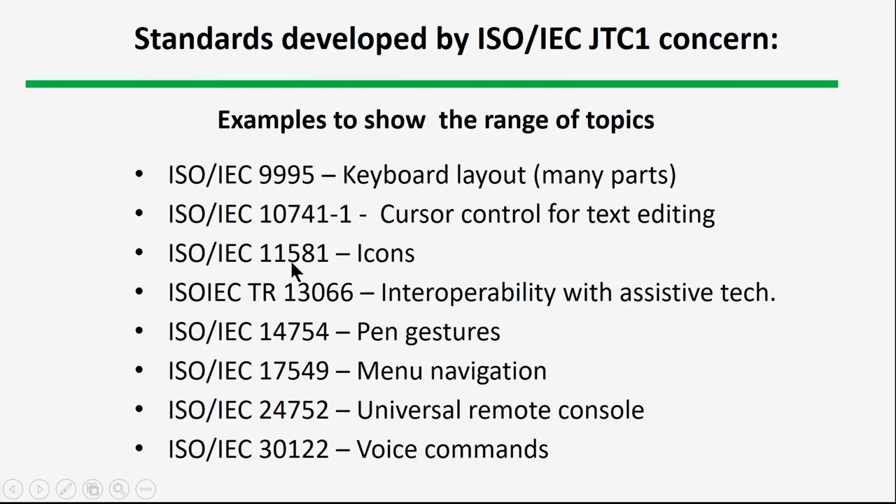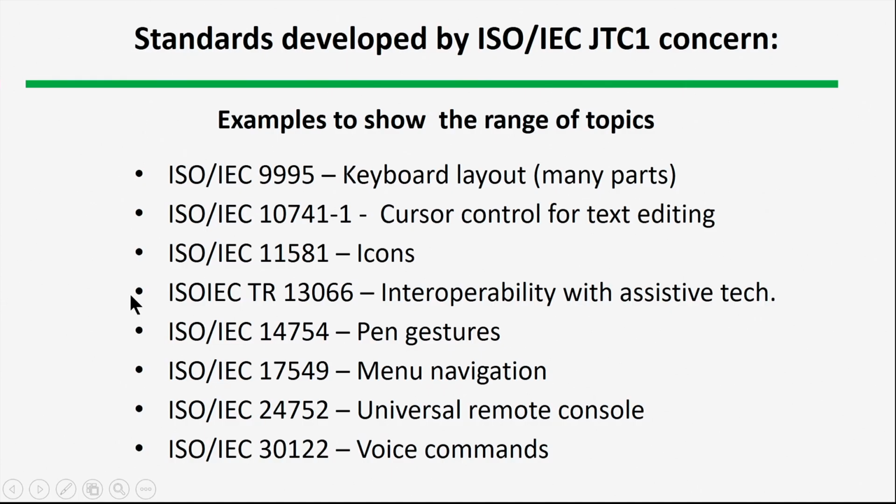ISO 11581, which is icons. Icons is obviously a big topic covered in many places. And there are standards associated with assistive technology, with pen gestures, with menu navigations, with universal remote consoles, like those used for televisions, and obviously for voice commands.